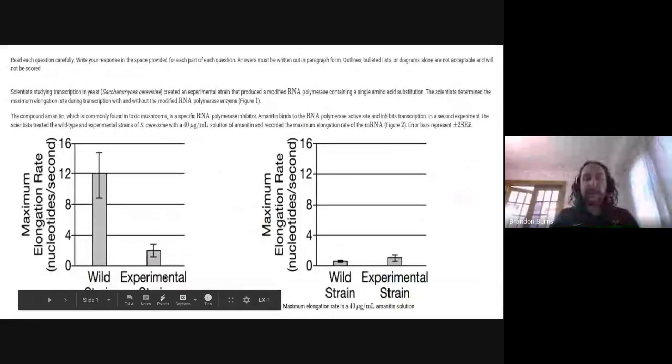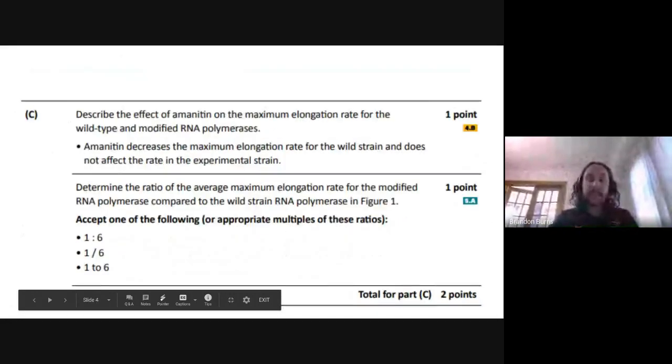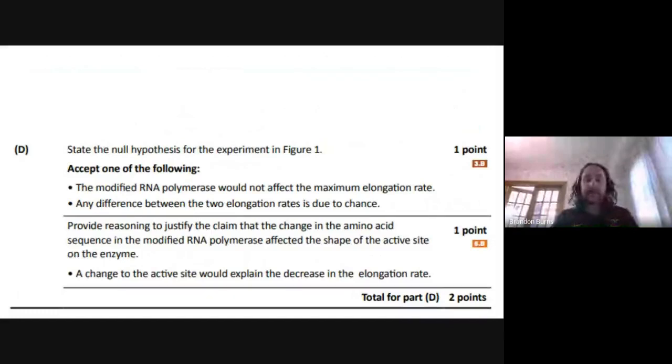Our independent variable is experimental strain versus wild strain, so the strain type. Dependent variable is the elongation rate, okay? So the null hypothesis would be any of those. The modified RNA polymerase would not affect the maximum elongation rate. Any difference between the two elongation rates is due to chance.